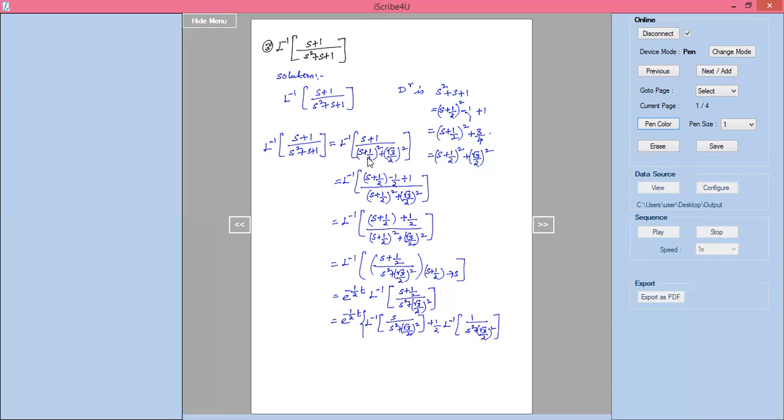Now we can write this e power minus 1 by 2t into L inverse of s by (s square plus root 3 by 2 whole square). If we simplify, s by s square plus a square is nothing but cos root 3 by 2 into t.